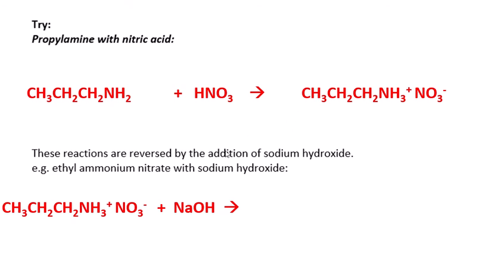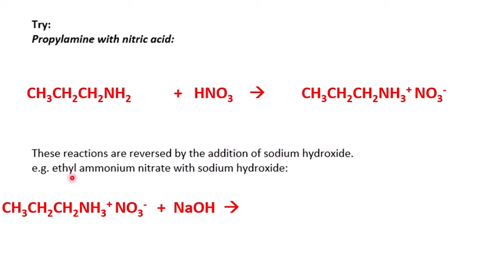Now, to reverse these reactions, if you, for example, had the salt and you wanted to go back to the amine, one way of doing that would be to reverse this, to get rid of the H+. And to get rid of an H+ from a group, you would use some sort of alkali, so something like sodium hydroxide, potassium hydroxide, something like that.